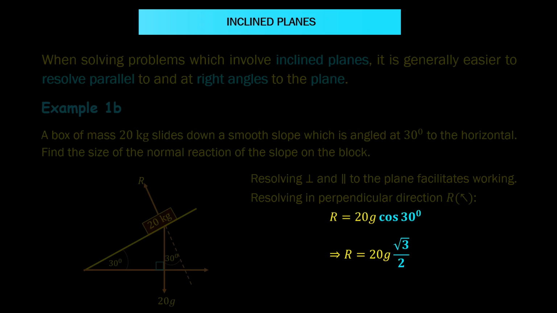Substituting cos 30 equals root 3 over 2, and substituting g equals 9.8 gives us that R equals 170 newtons.